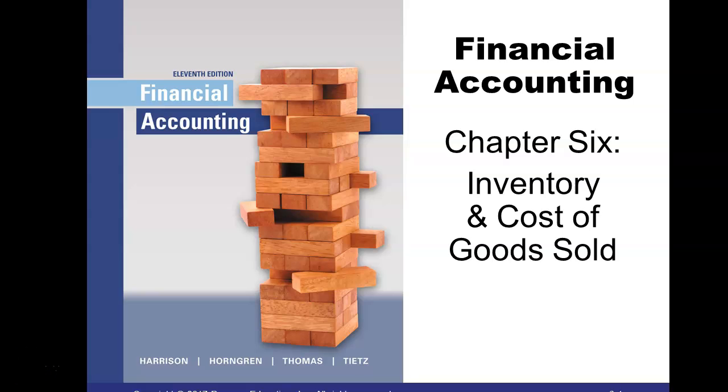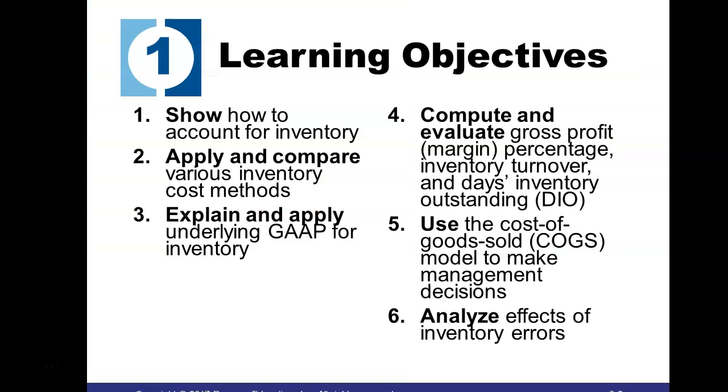Welcome back. We are in financial accounting and we are going to be covering Chapter 6, Inventory and Cost of Goods Sold. It's important to note in this chapter we're going to be exclusively dealing with merchandising firms.